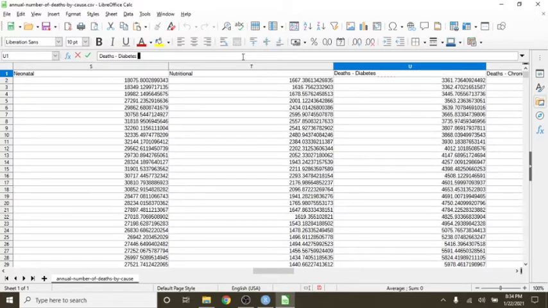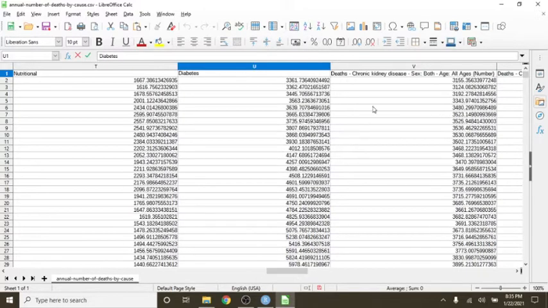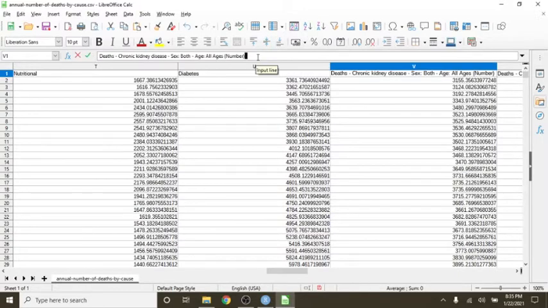How big a problem is diabetes outside the U.S.? To a certain extent, diabetes can be a lifestyle disease. Okay, obesity, overeating can cause it. So let's just call this one kidney.